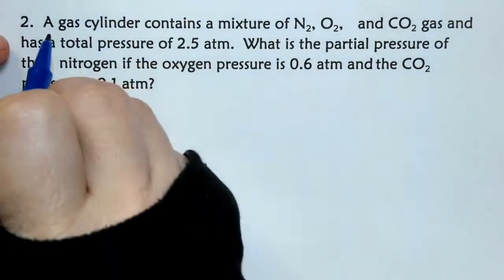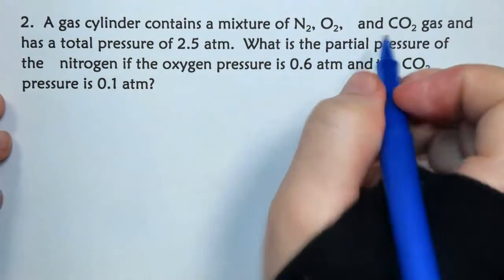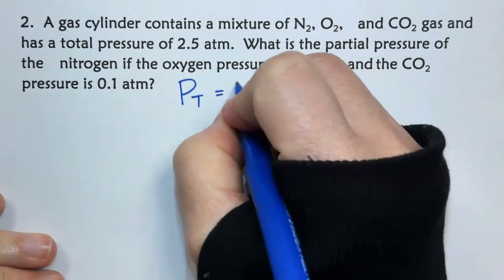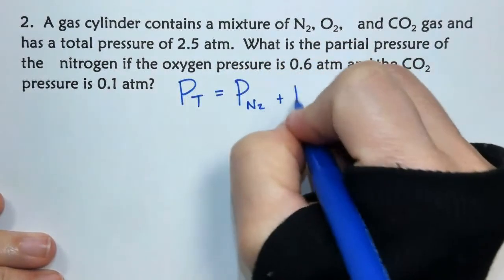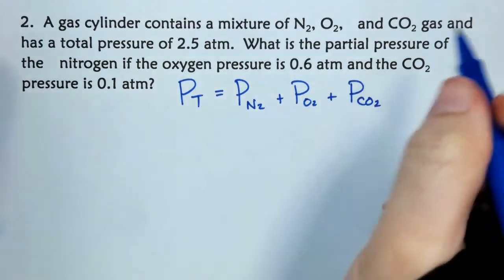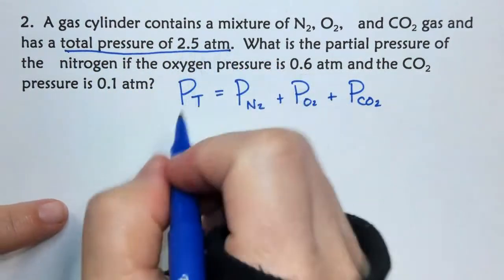Let's consider this example. A gas cylinder contains a mixture of nitrogen, oxygen, and carbon dioxide. So the total pressure would be the pressure of nitrogen plus the pressure of oxygen plus the pressure of the CO2. And they're telling us the total pressure is 2.5 atmospheres.